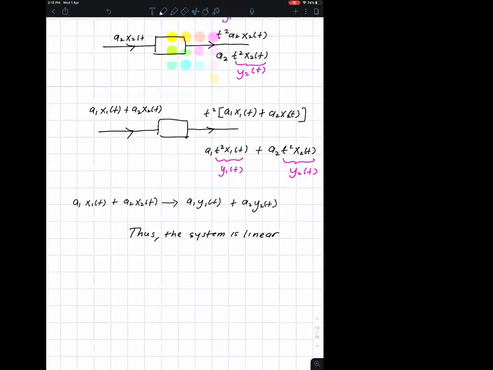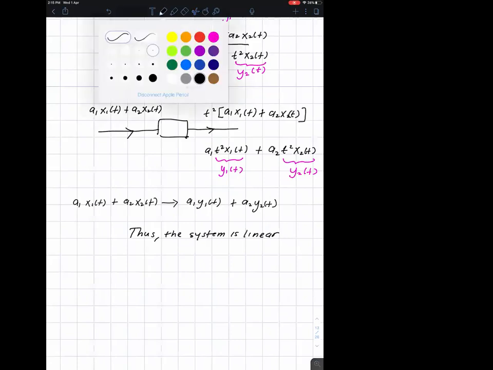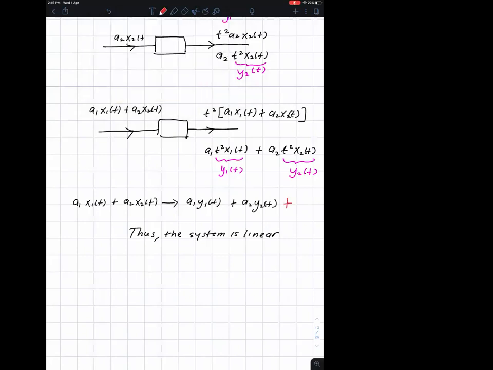For example, if in addition to this you get another term at the output, like t squared or something, then it's not linear. Maybe later we will look at examples we have done in class where a system is nonlinear, and how the output looks.